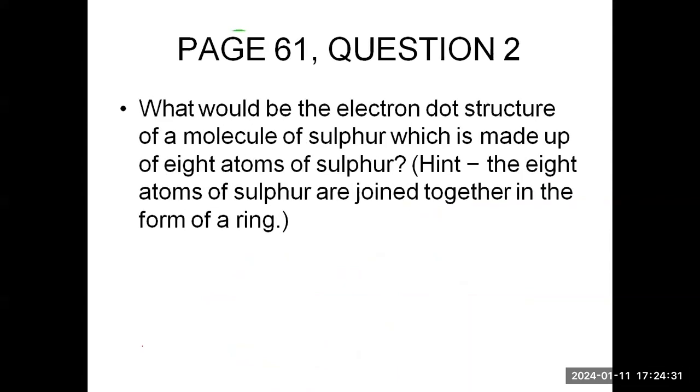Now the next one is what would be the electron dot structure of a molecule of sulfur, which is made up of 8 atoms of sulfur. Now sulfur has valency 2 and it has 8 electrons. So they are arranged in the form of a ring. In fact, I would call it a crown in zigzag manner.